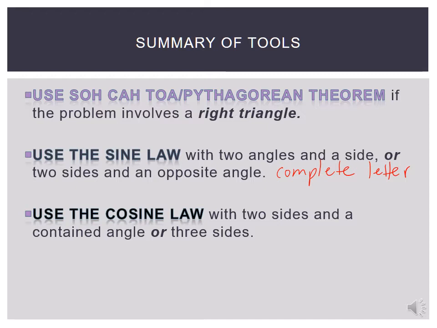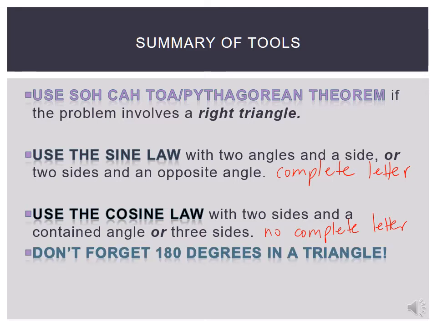Or when we summarized this in previous lessons, no complete letter. And at any point, do not forget that there are 180 degrees in a triangle. So that's a summary of all of the tools that you're going to have to use for your test.